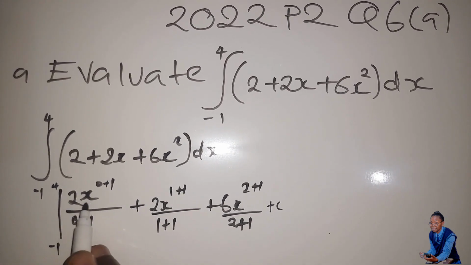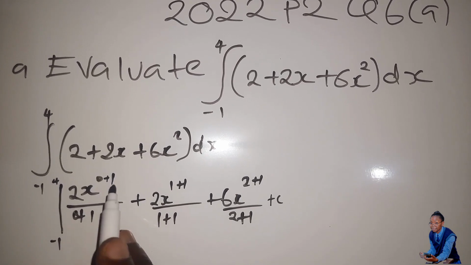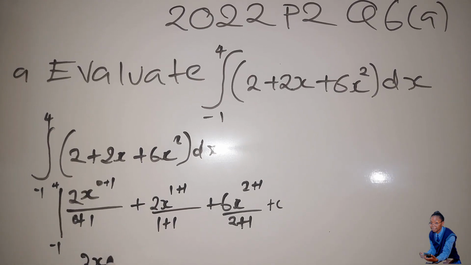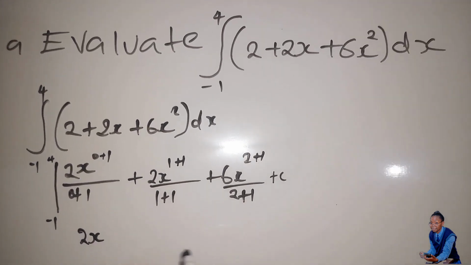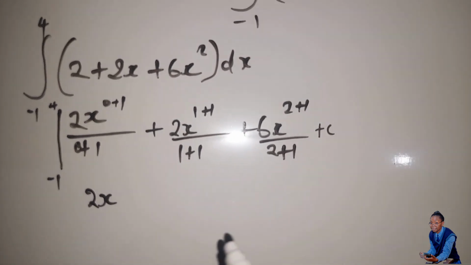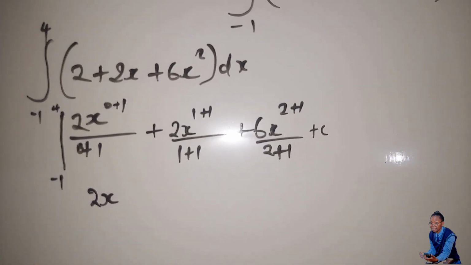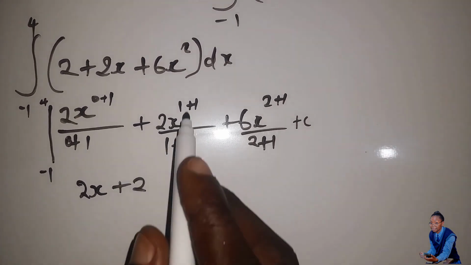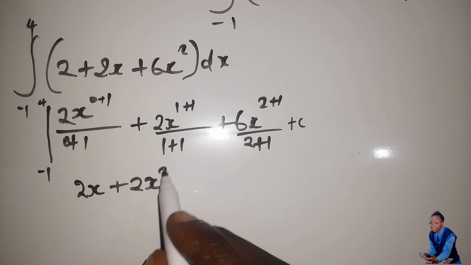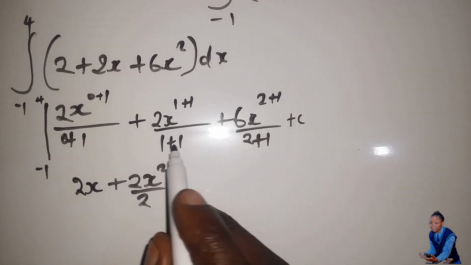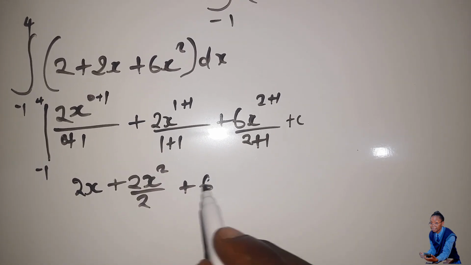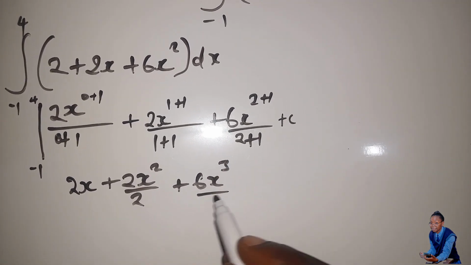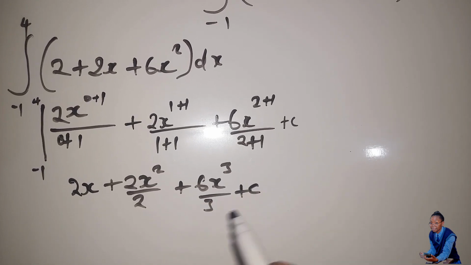When you do your calculations here, 0 plus 1 is just 1, divided by 1, so it is just 2x to the power 1, which is just 2x. Then plus 2x to the power 1 plus 1, 2 over 2, plus 6x to the power 2 plus 1, 3 over 3, plus c.